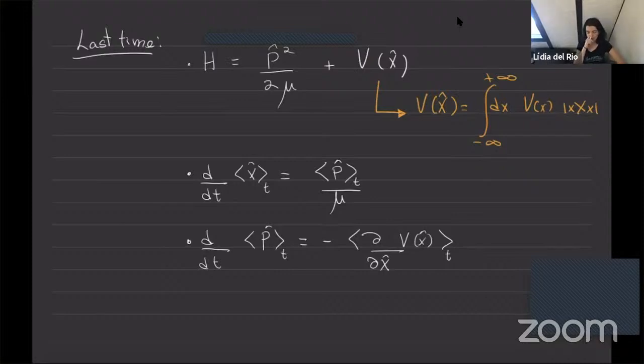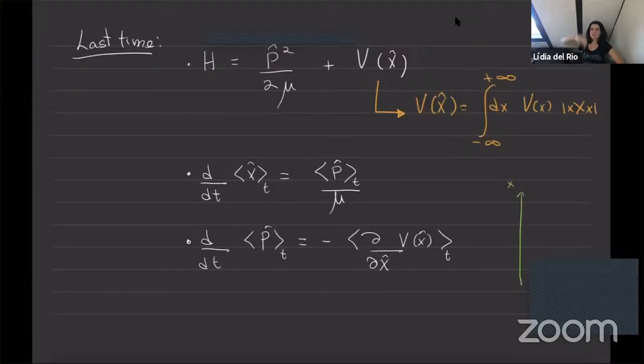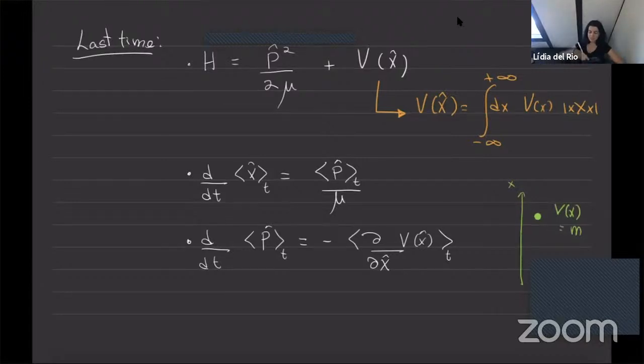To give you an idea of why this is minus, if you think classically, suppose that this is x. Just think of gravitation, the gravitational force on Earth. If you have a body here, the potential energy is given by m times x, being this position, times this constant, the gravitational constant.